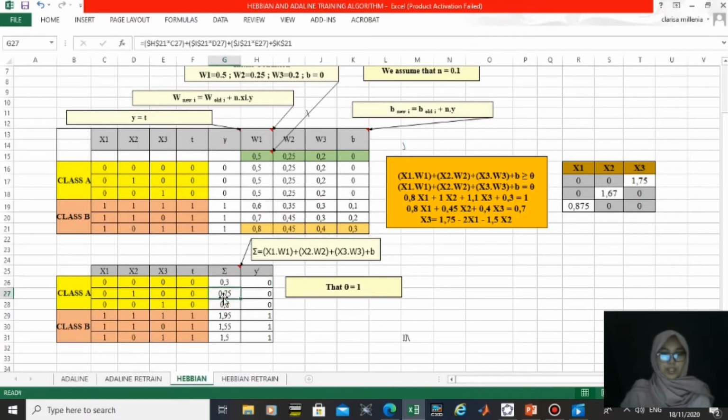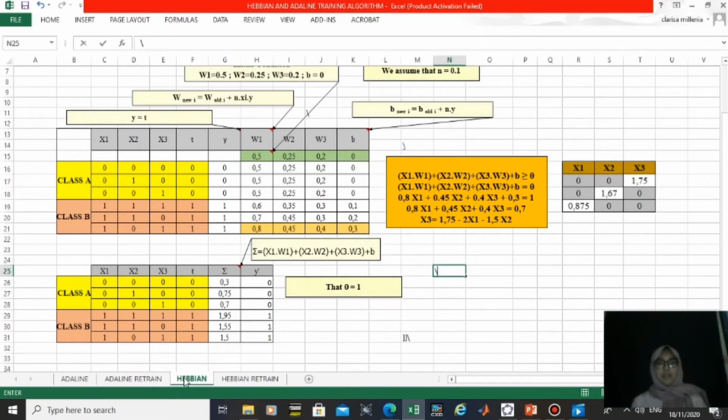If the value of the summation is lower than theta, then y prime is 0. If the value of the summation is higher than theta, then y prime is 1. If we look at this y prime, we can see that it is the same as the target. So the accuracy is 100%.